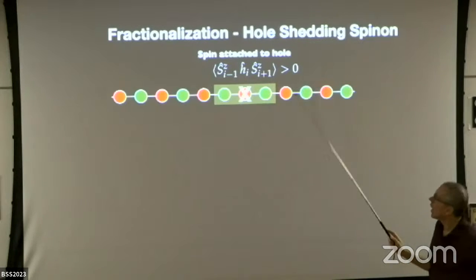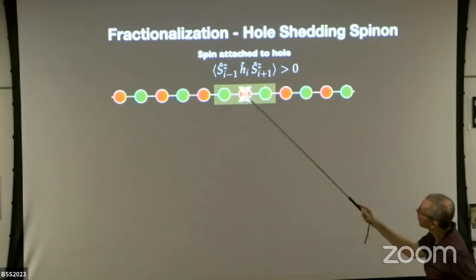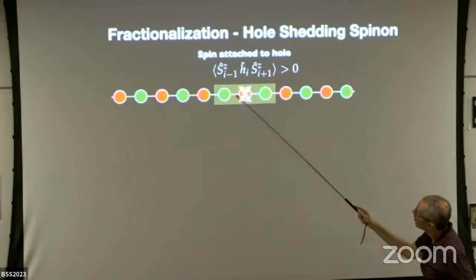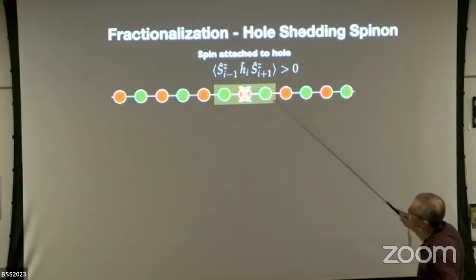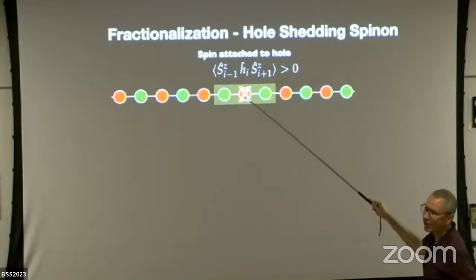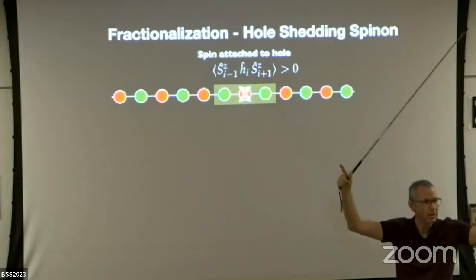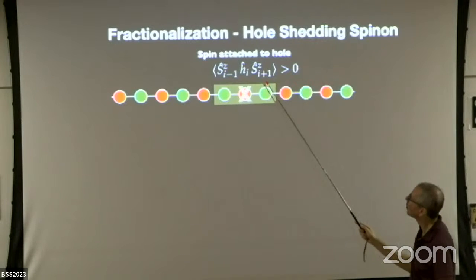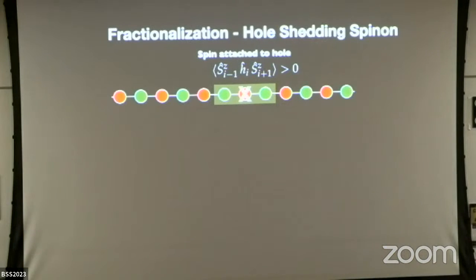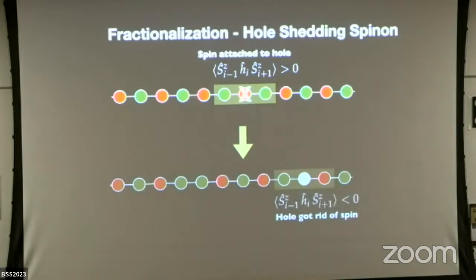around the hole. Now at time t equals 0, when you shoot out the hole here, you know that in an antiferromagnet, the spins will be aligned ferromagnetically around the hole. You don't know, they could be both spin up or both spin down, but they will be ferromagnetically aligned around the hole, which means that this 3-point correlator is going to be larger than 0.